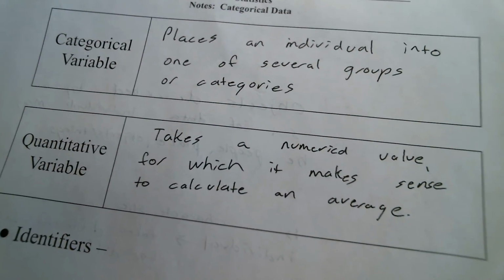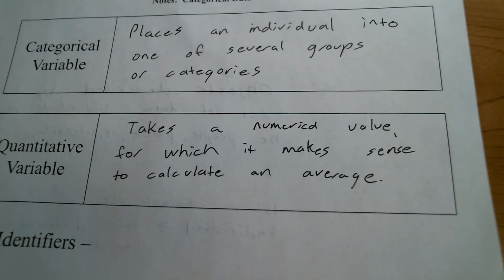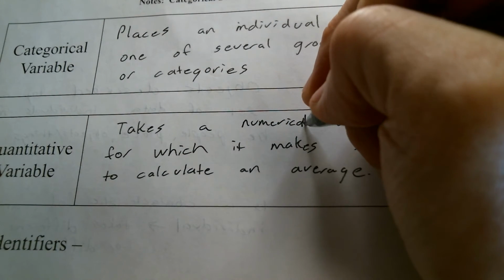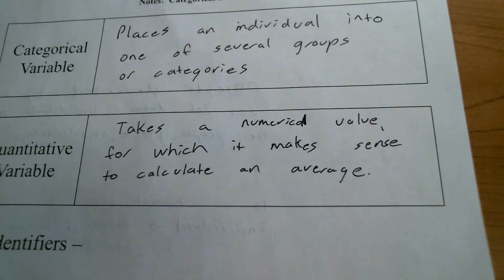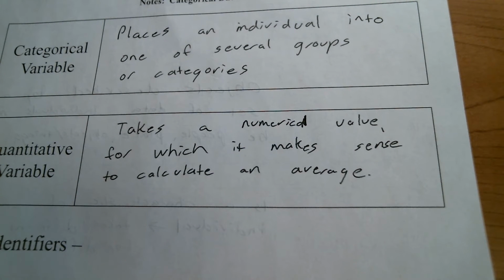All right, so what do I mean by for which it makes sense to calculate an average? The easiest example here is something like a zip code. A zip code is a numerical value. All right, the school is in zip code 12184. That said, it does not make sense to calculate an average zip code.